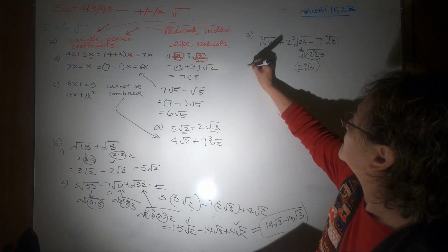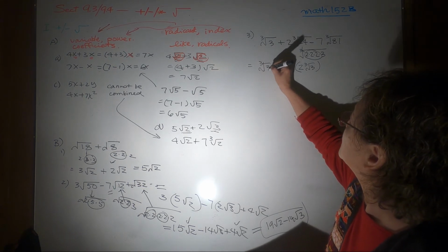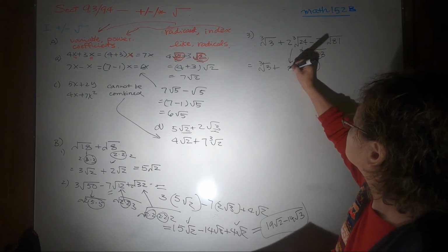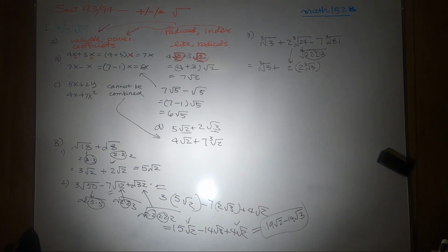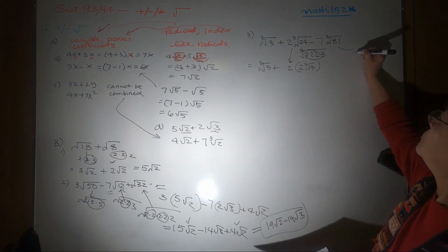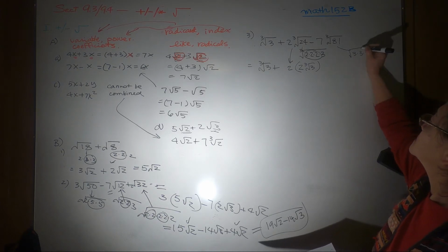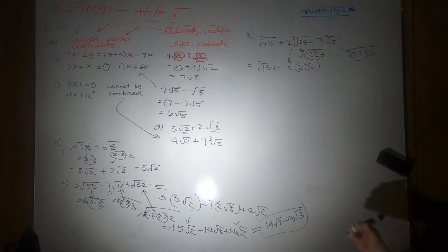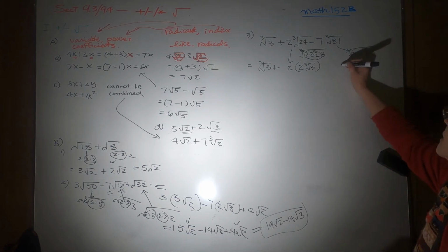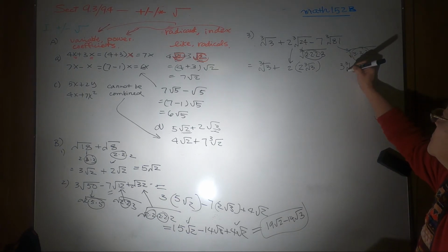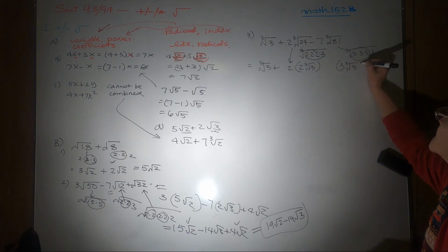So then you will have cube root of 3 plus carry down this 2, right? Then 81 would be 3, 3, 3, 3. So cube root. Take a 3 out. Then you have cube and this left inside.